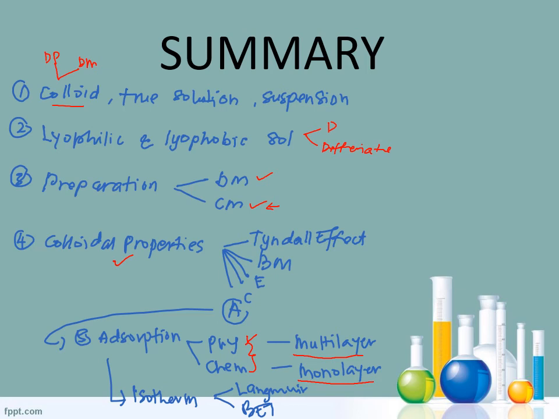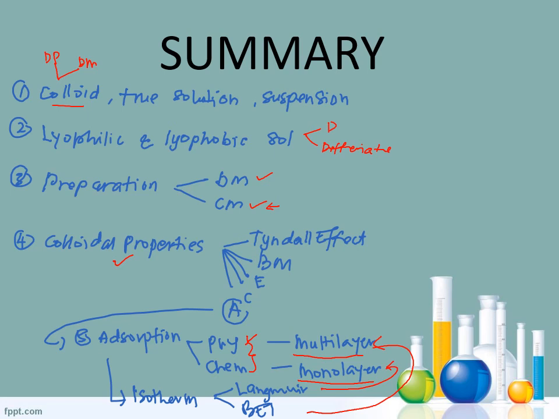Also in adsorption, we can come up with the isotherm. In isotherms, we learn about the Langmuir isotherm and BET. The Langmuir isotherm can be related to monolayer adsorption, and BET can be related to multi-layer adsorption.